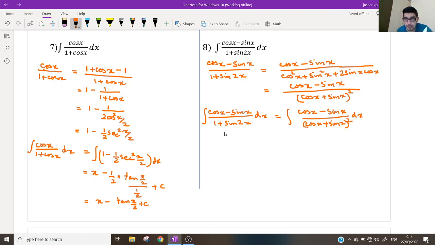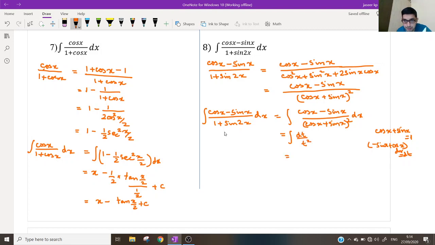Now this can be integrated by putting the denominator as t, that is cos x plus sin x equals t. So the derivative, minus sin x plus cos x dx, will become dt. So this will become dt by t square.